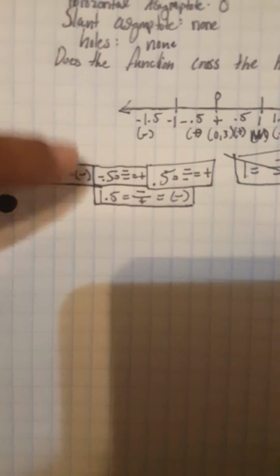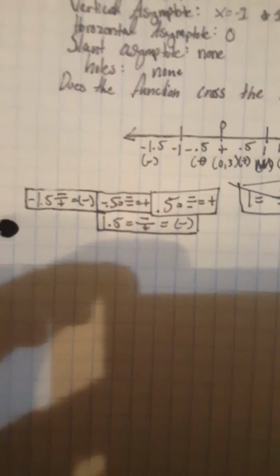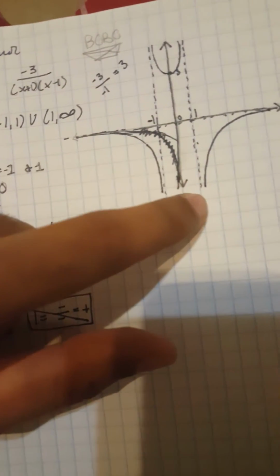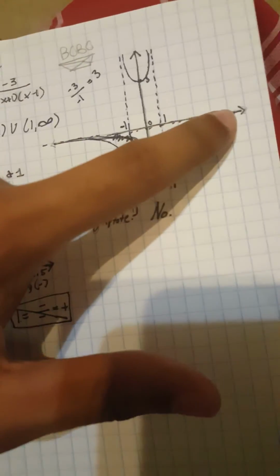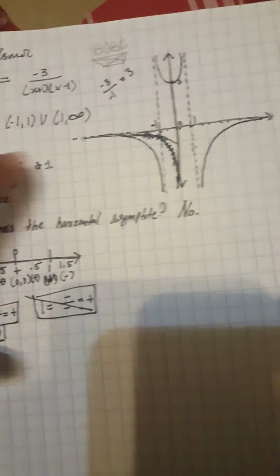I noticed that it came out to be negative over positive, which simplified to negative. So I plotted that accordingly, coming closer towards the vertical asymptote, and then reaching close to the horizontal asymptote, but never crossing because there are no x-intercepts.